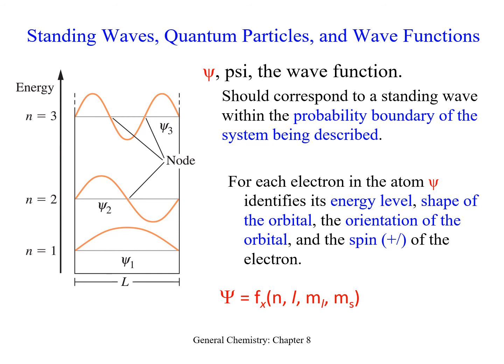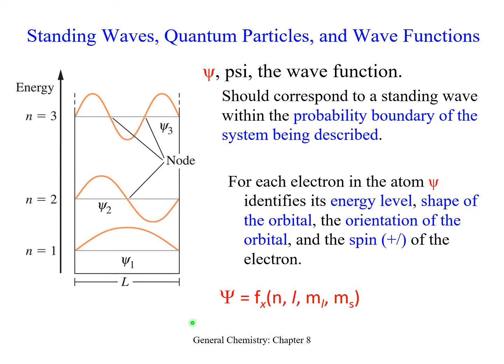And so for each electron in the atom, the psi function identifies its energy level, the shape of the orbital, the orientation of that orbital, and the spin, positive or negative, of the electron.